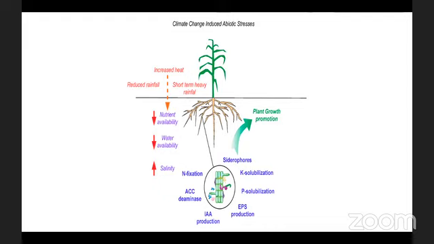Siderophores are the chemicals that are particularly produced by microorganisms to make iron available for the plants. So siderophores mean iron availability for the plant. To compensate for these stresses, we can develop a microbial community or endophytic community that can help in these particular ways, and ultimately they will help in plant growth promotion.